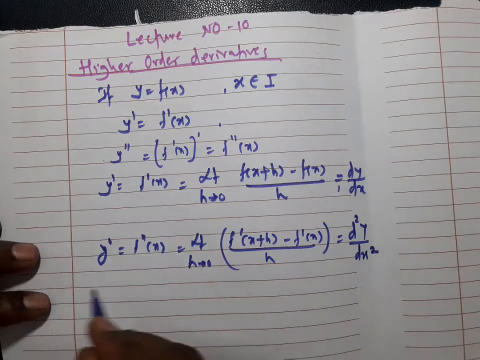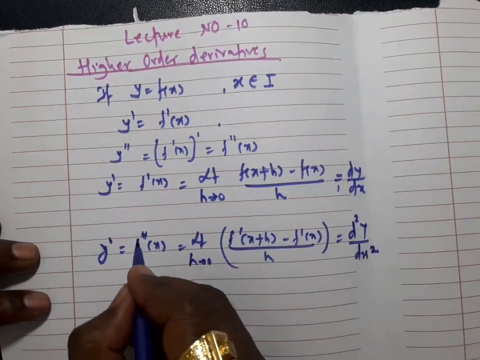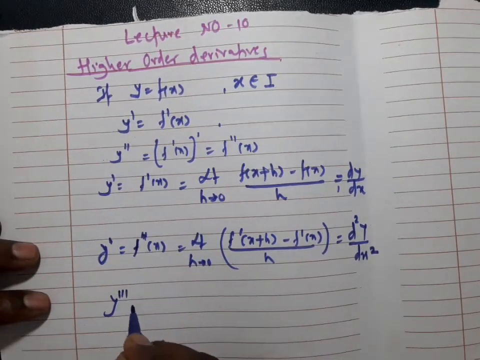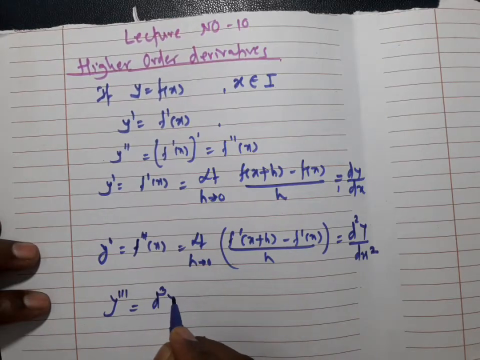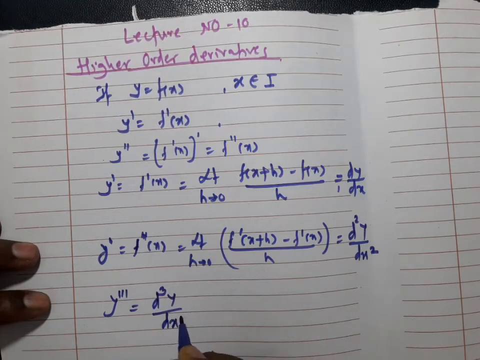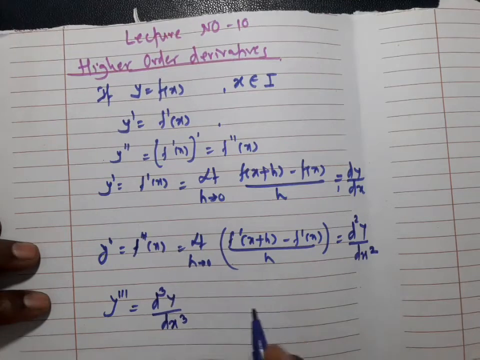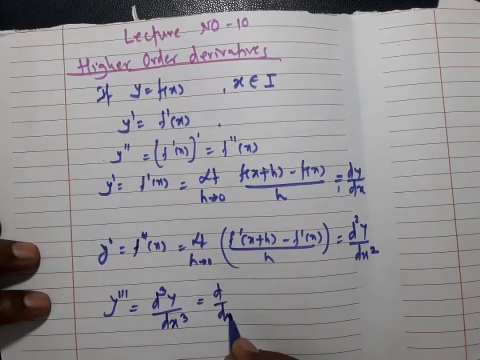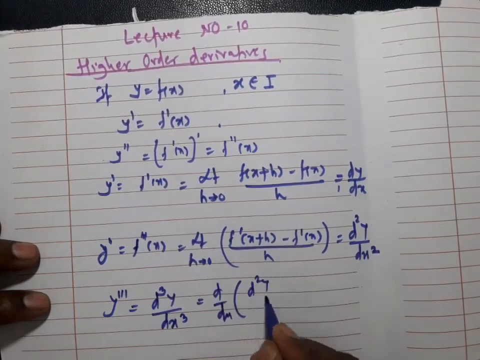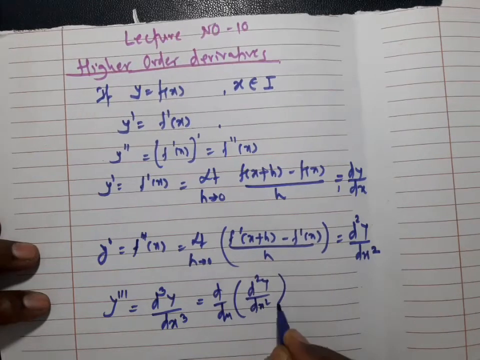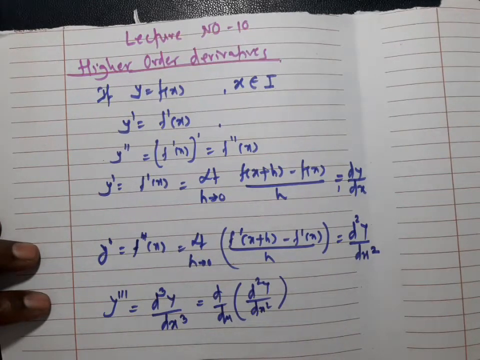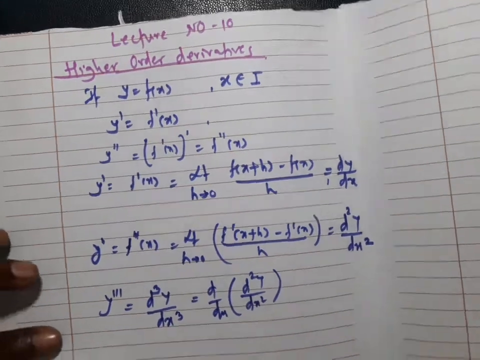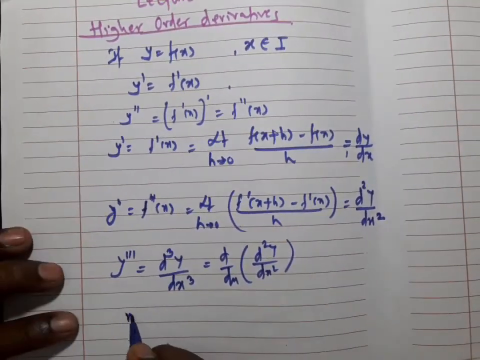Further, we can take the derivative of f2 dash, that is y3 dash, which is d cube y by dx cube, that is d dx of d2y by dx square. Similarly, we can obtain the fourth order derivative, fifth order derivative, like this.